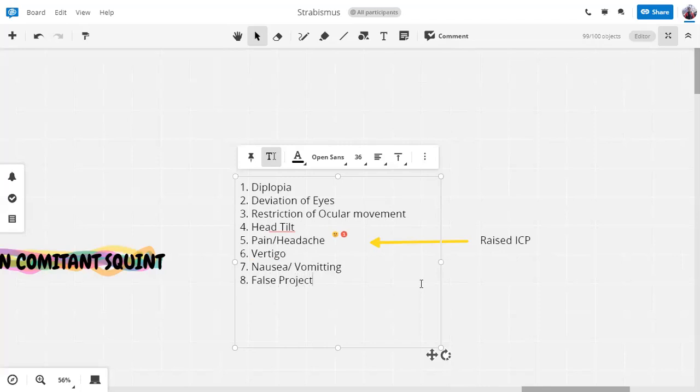Does anybody have an idea what false projection is? Pointing the finger in the wrong direction, more or less. Let's suppose we have two objects placed in front of us. You have a phone in your hand, and behind that phone is a laptop screen or any other object. If you close one eye, you will know, because you're holding the phone in your hand, that it is closer than the laptop screen.